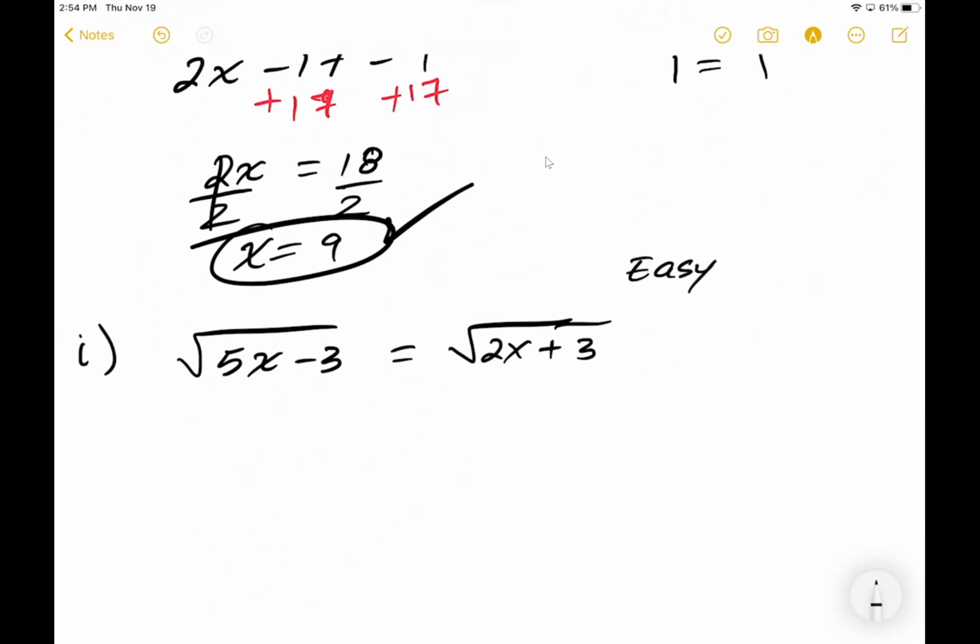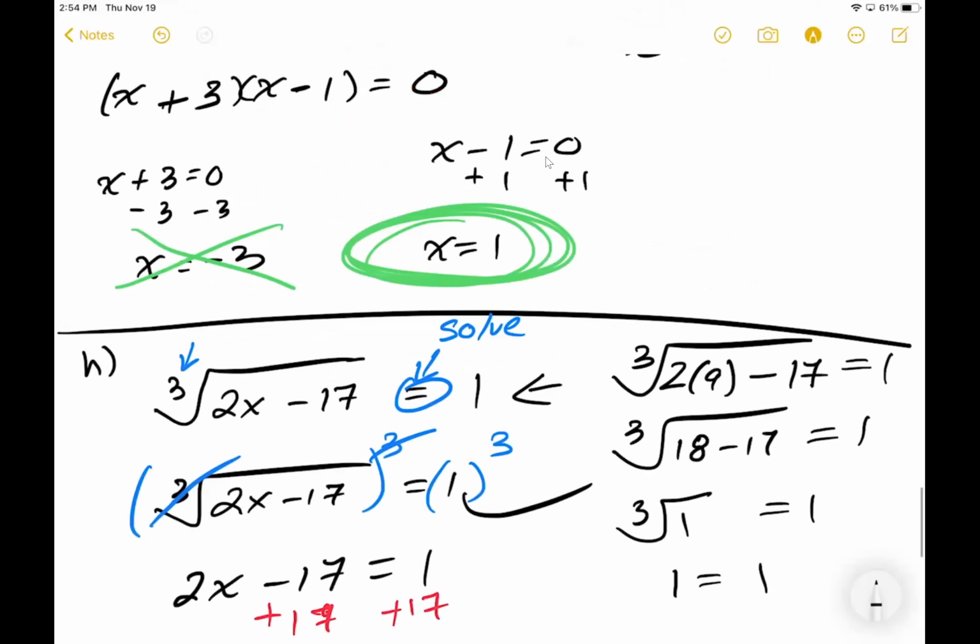This one here is easy, and you say, wait, how can it be easy? Well, let's take a look at this. I guarantee you it's easier than this problem that you have.